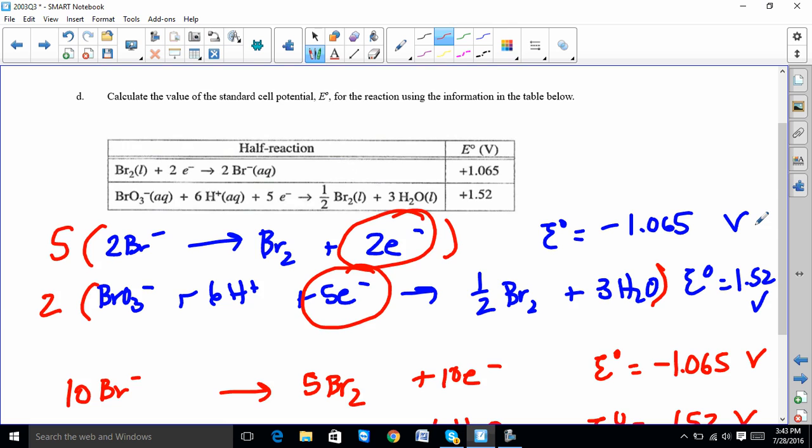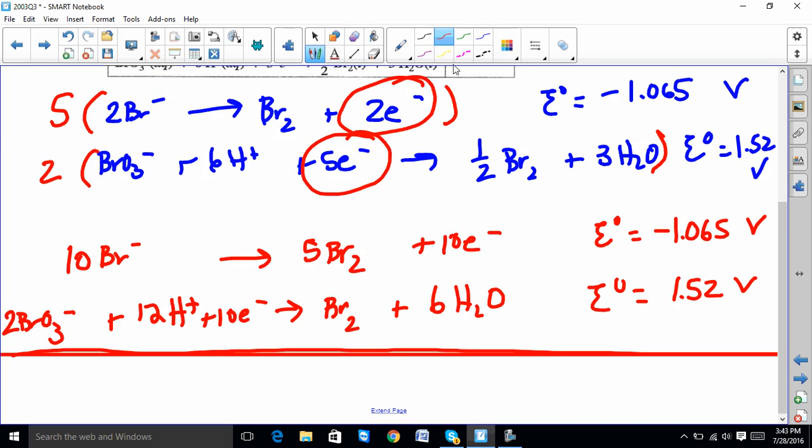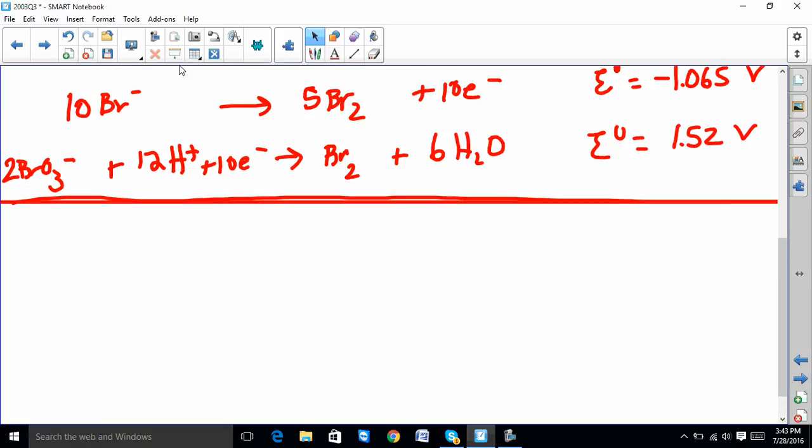I'm going to hit extend page. So what would happen is, let me switch colors. This is on the left, this is on the right.